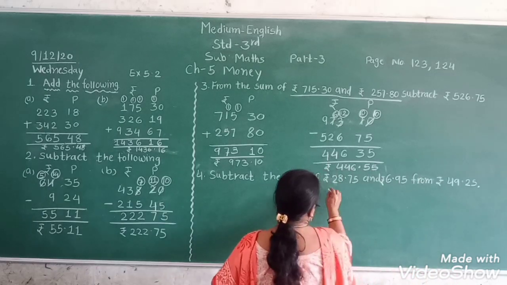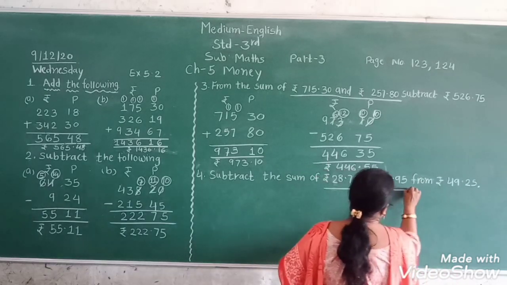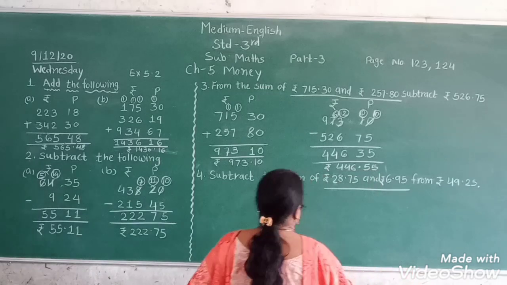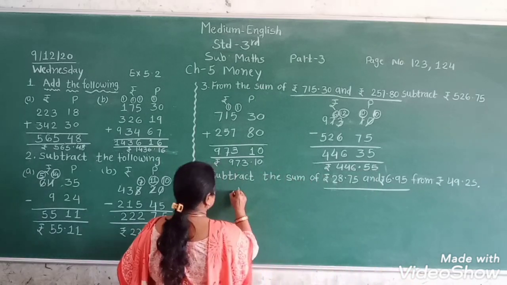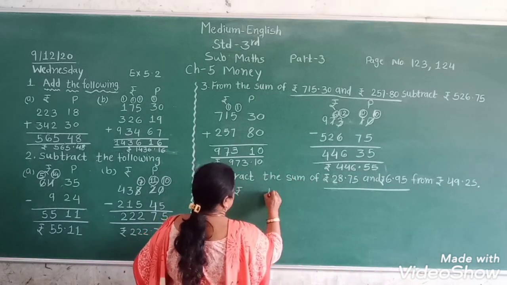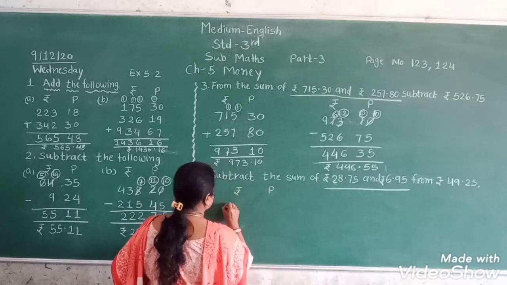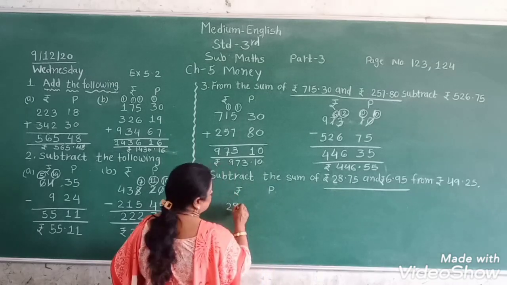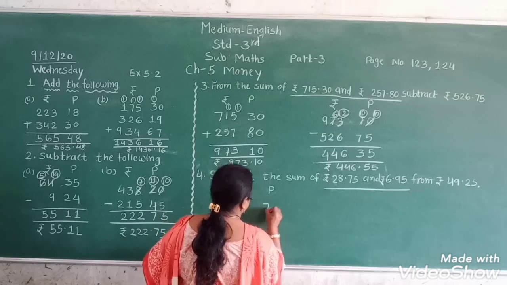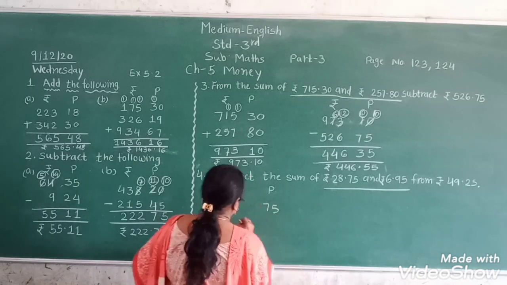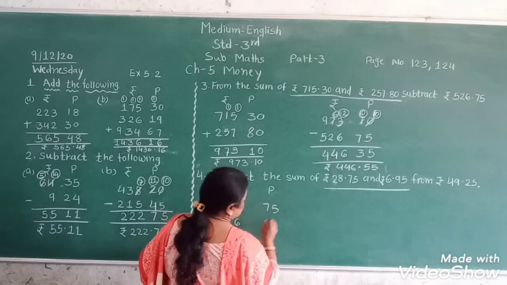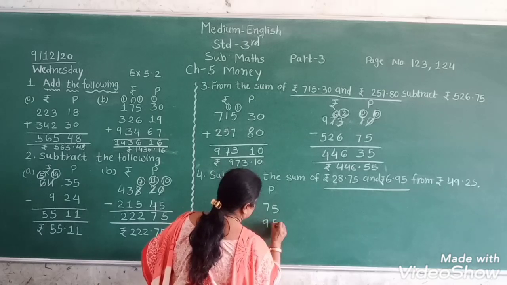First the sum of these 2 digits, rupees and paise column. Sum of 28 rupees and 75 paise, 6 rupees 95 paise.